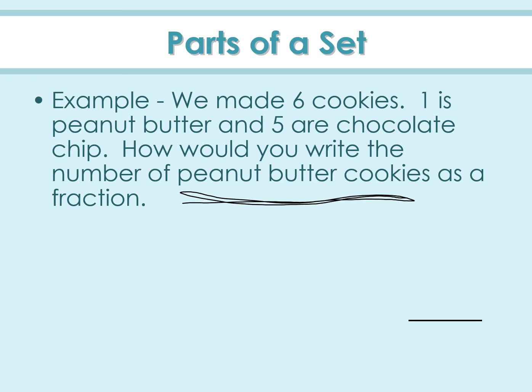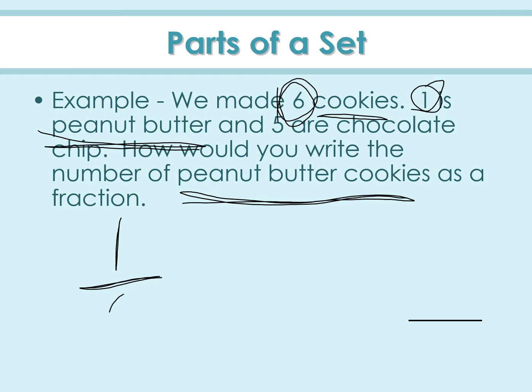So if we're going to write our peanut butter cookies as a fraction, we know that we have 1 peanut butter and we have 6 total cookies. So taking that, I'm going to put 1 on top of my fraction because that is my numerator. That's the number of peanut butter I have.